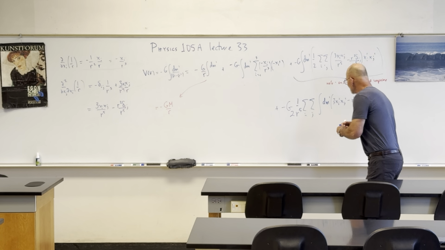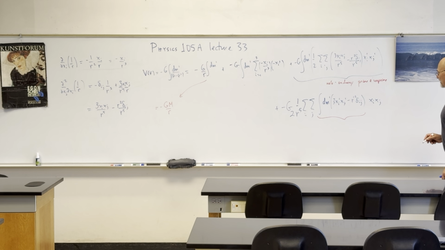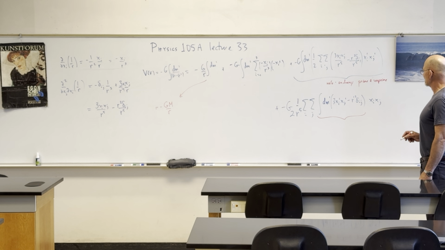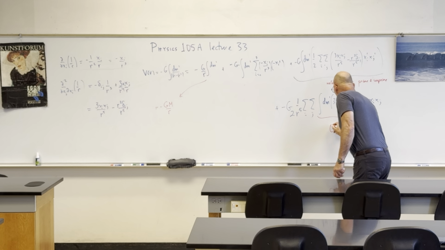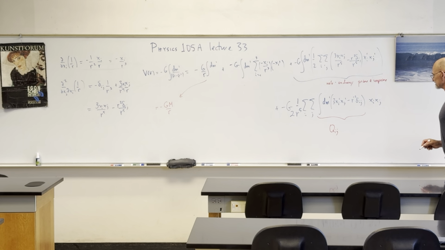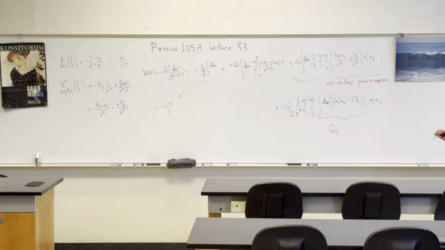This integral is called Qij, and there are 9 of them. It's a 3 by 3 matrix. We're going to see it simplify quite a bit.